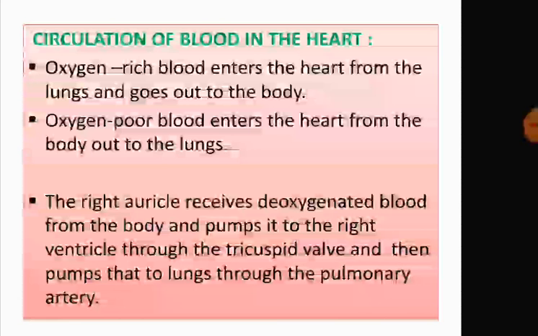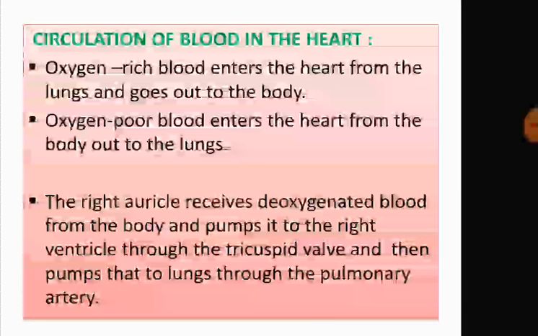They do not allow the backflow of blood from the pulmonary artery to the right ventricle, and the aortic valve stops the backflow of blood from the aorta to the left ventricle. When the ventricles dilate, the blood from the pulmonary artery and aorta tends to return, and these valves close the passage.